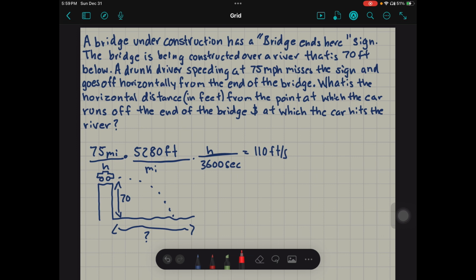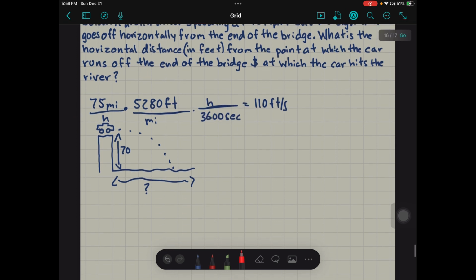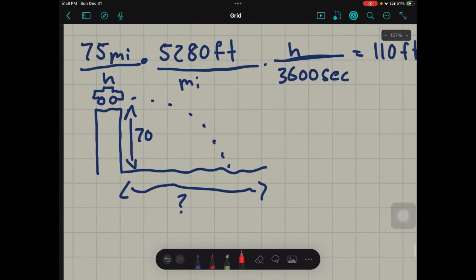So the problem asks, what is the horizontal distance in feet from the point at which the car runs off? Looking at a diagram, we have the car going off a horizontal, and we need the time it takes to get from this point all the way to this point.